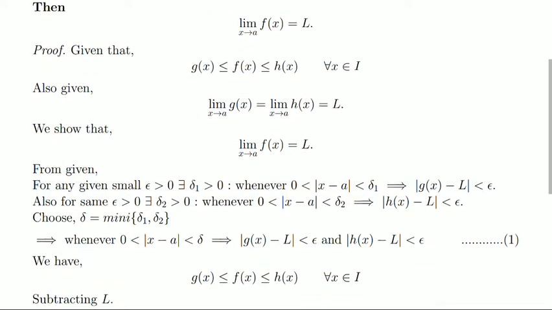So for this delta, whenever 0 < |x − a| < delta, both inequalities will be true: |g(x) − L| < epsilon and |h(x) − L| < epsilon.